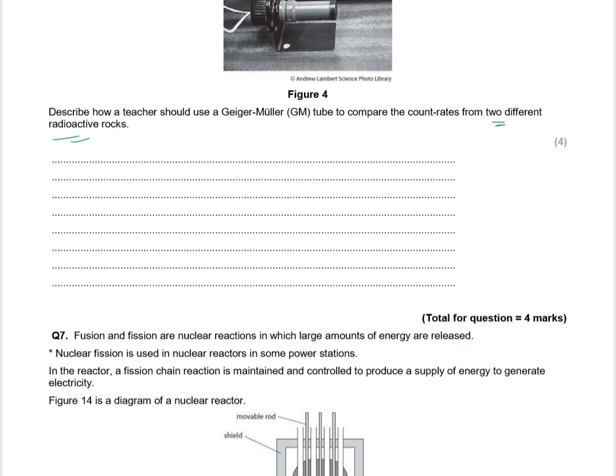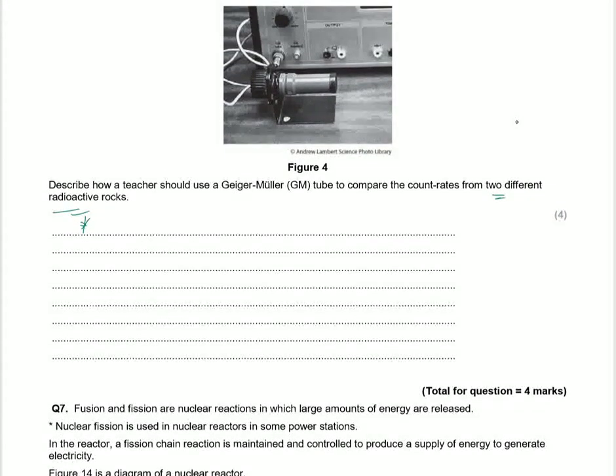Now first of all, it's 4 marks, so we need 4 points. Okay, so what we need to do is, let's say this is a diagram. If I put both of the rocks here, then I'll be getting both of them in this particular case. So for example, let's say this is 50 and this is 25.